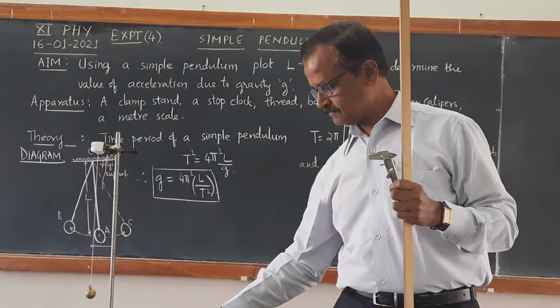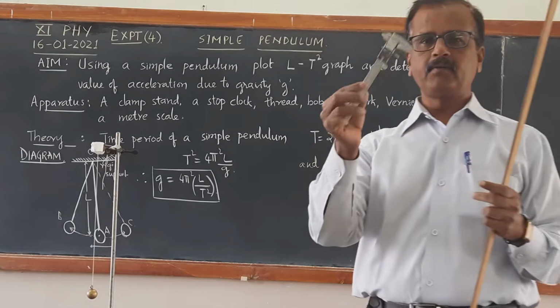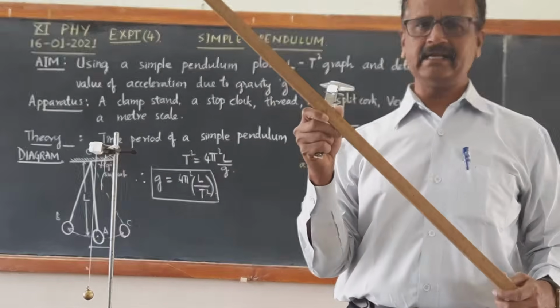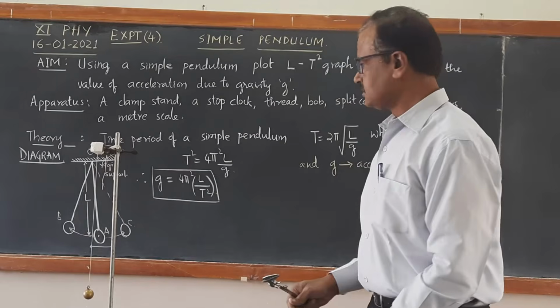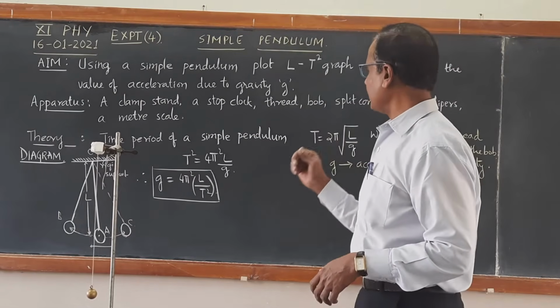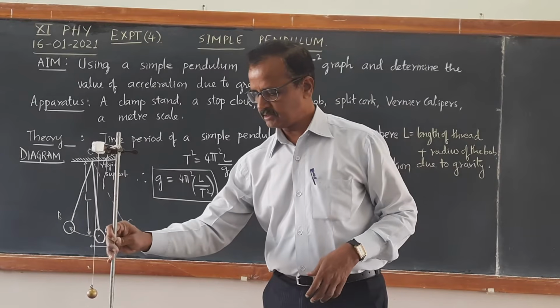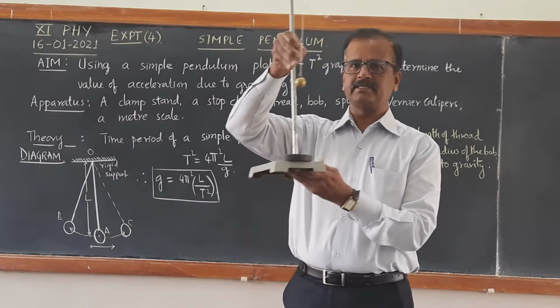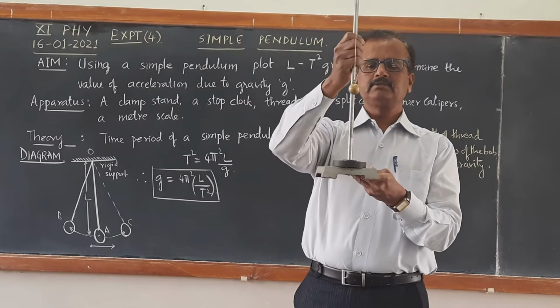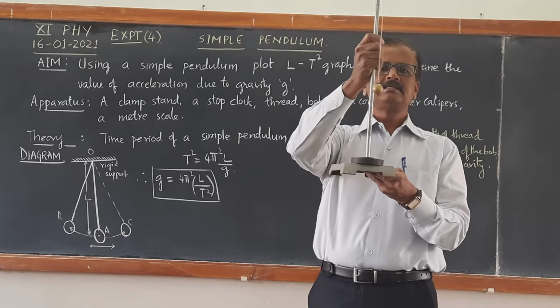Then a vernier calipers, a meter rod or meter scale, and clamp stand and a stopwatch. This is the clamp stand, you can see now, which is used for doing the simple pendulum experiment. So this entire setup is called a simple pendulum.